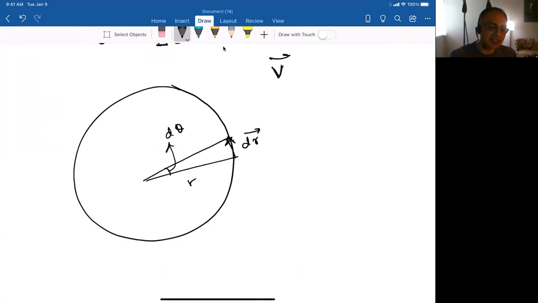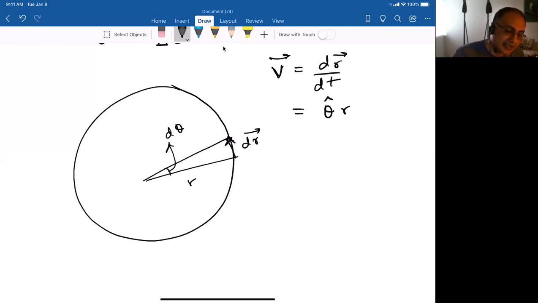Remember that velocity is defined as dr/dt from chapter 3. Everybody remember that? So since we found dr, we can just divide it by dt, which is the time taken for that displacement to happen, and we get the velocity of the particle. So let's do that. It's theta hat r d theta that we just found for dr. Divide that by dt, and that's our velocity vector.